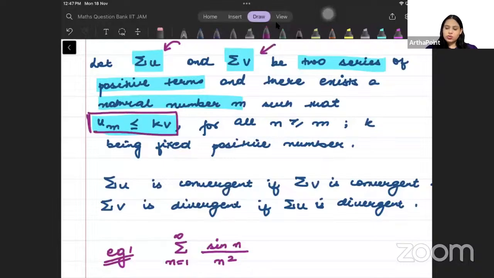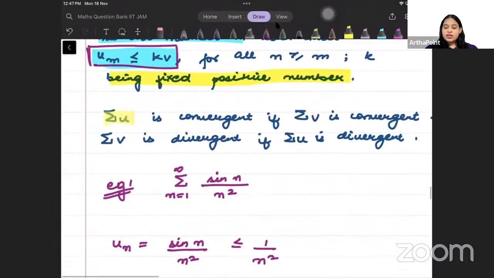That k can be 1 also, k being a fixed positive number. Then the smaller one converges if the bigger converges, and the bigger will diverge if the smaller diverges.